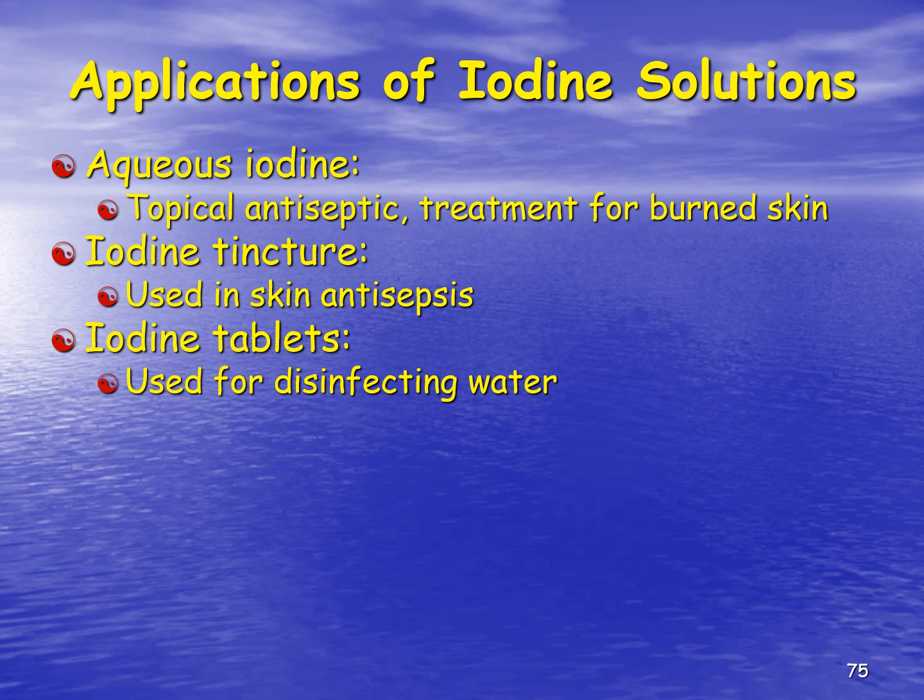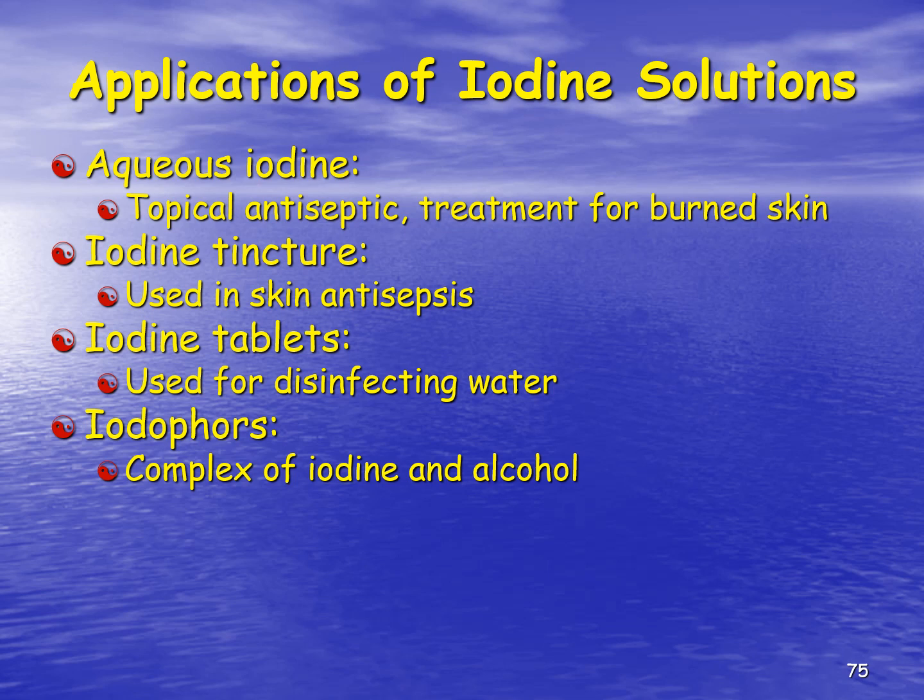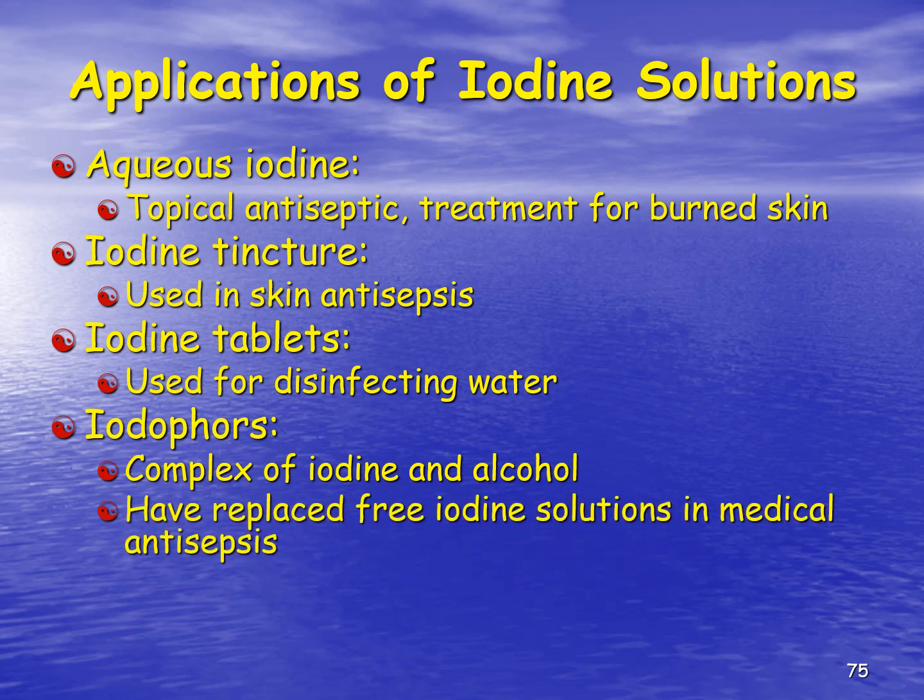Iodine tablets have often been used for disinfecting waters, and especially individuals who go out camping or hiking and may wind up not having fresh water, they usually take some iodine tablets with them that they can put in a pot of water to help decrease the amount of microbes in that water. The iodophores are a complex of iodine and alcohol, and they have replaced free iodine solutions primarily in medical antisepsis.